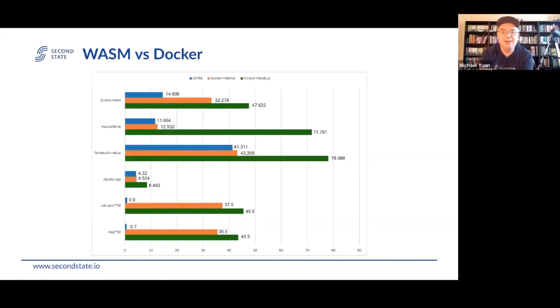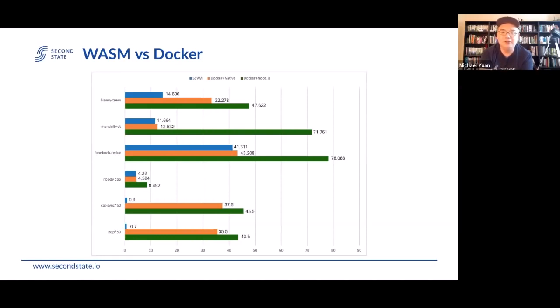One thing that really stands out is that Node.js isn't that bad. When compared with Docker native and Docker Node.js running the same application, Node.js is only about 100% slower than the native application. That is, of course, because all those standard benchmarks are actually being optimized in Node.js.